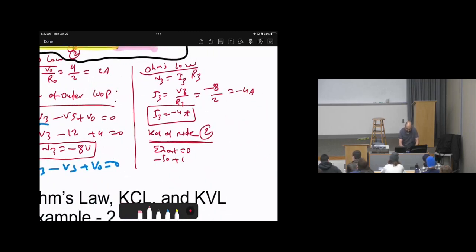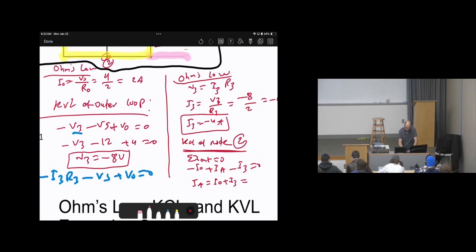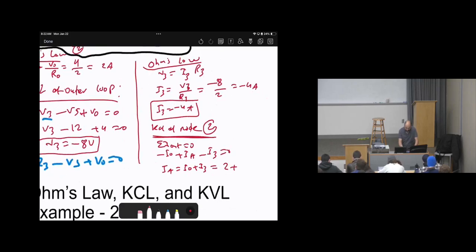So negative IO plus IA minus I3 equals 0. Therefore, IA will be IO plus I3. IO, we already calculated it as 2 amperes, plus I3, we calculated as negative 4. So the answer will be negative 2 amperes. This is IA.